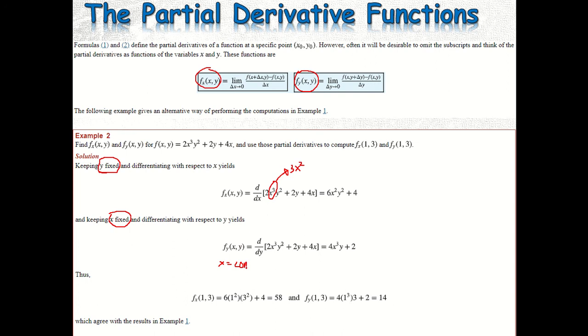Okay, I'll just abbreviate this. We treat this as constant. So here above, we treat y as constant.